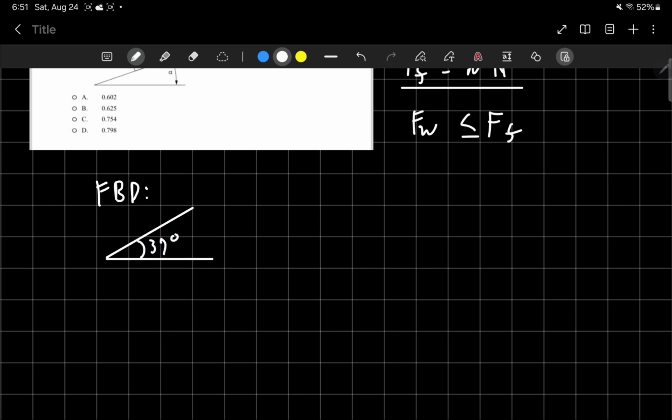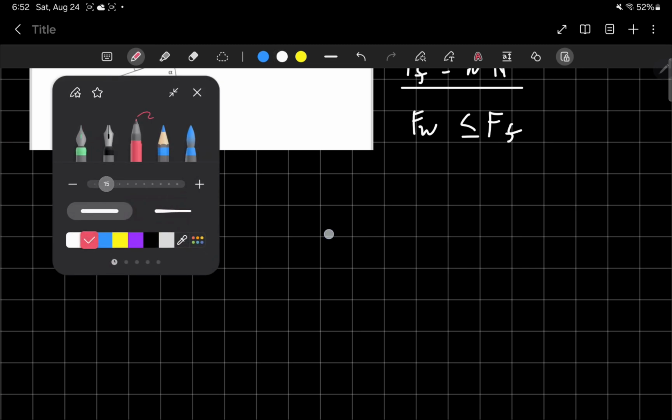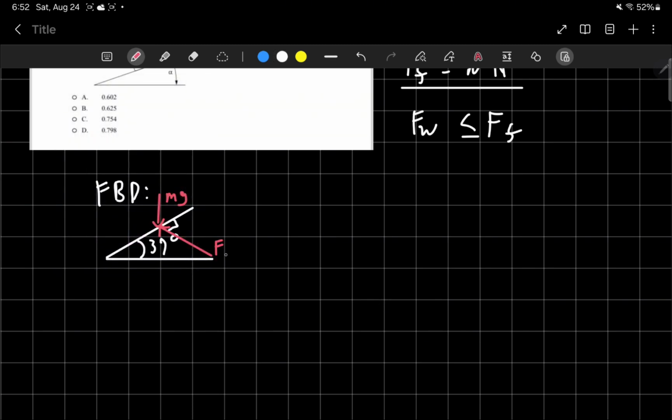37-degree incline, and let's do our forces. We have the weight of the object. I'll say that is mg. And we have the normal force. The normal force is always going to be perpendicular to the plane the object is on. So perpendicular, as I've shown there, and I'm going to label this Fn, normal force.